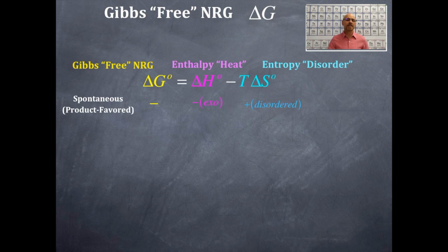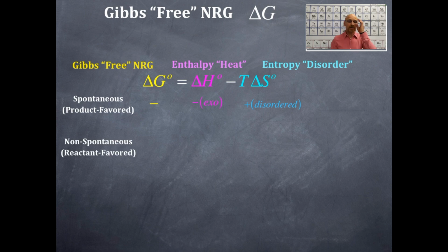Delta G naught will always be negative if the enthalpy term, delta H, is negative, that is exothermic, and the delta S is positive, that is disordered. The delta S term itself is positive, but there's that negative sign in front of the T delta S that makes that whole term negative. So if delta S is positive and delta H is negative, then I know that delta G is negative, and it will be spontaneous and product favored.